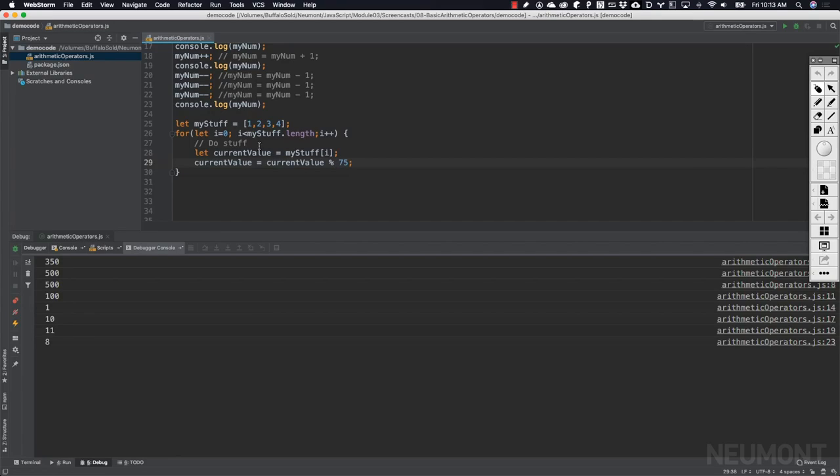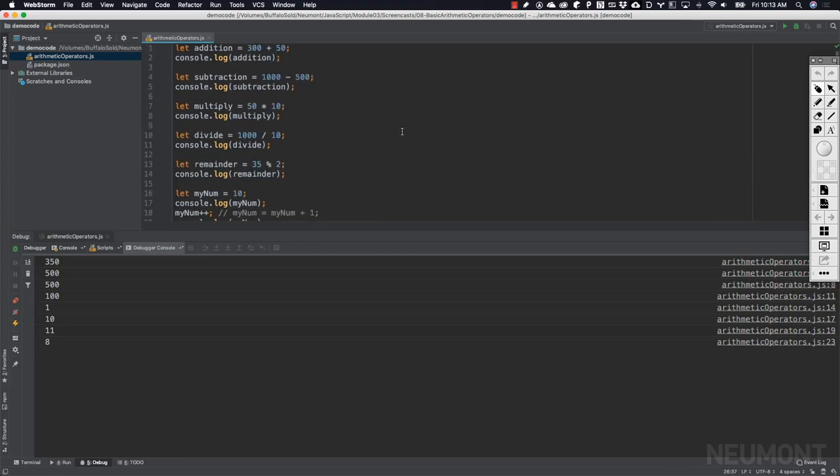That of course is all contrived, but you can see what I'm getting at here. The increment operator is really good when we're working with arrays. We're trying to iterate over the contents of an array. We're going to pull out that content and then we're going to do something to it. Of course, what we do to it could be all kinds of different things based on what you're trying to accomplish in your program.